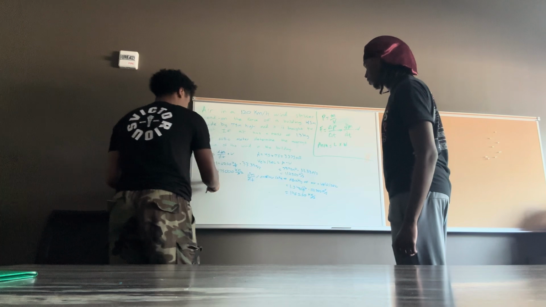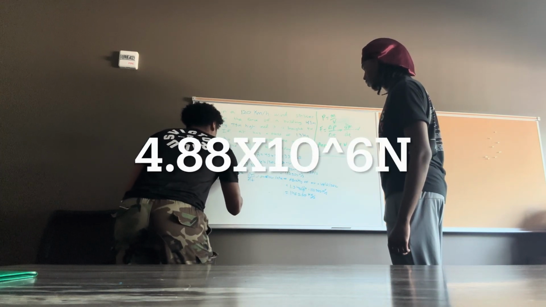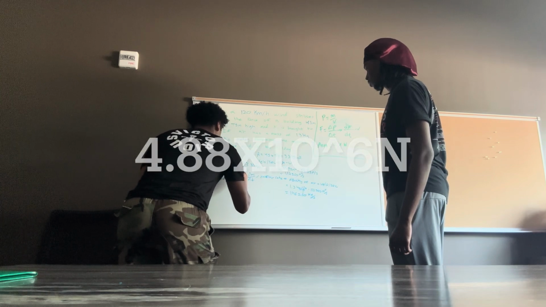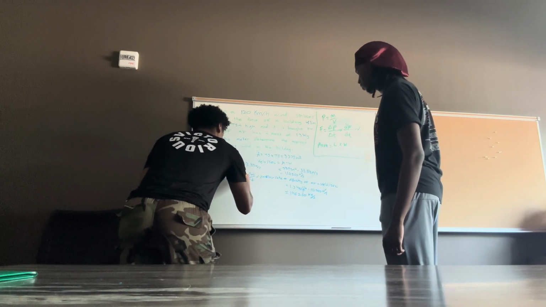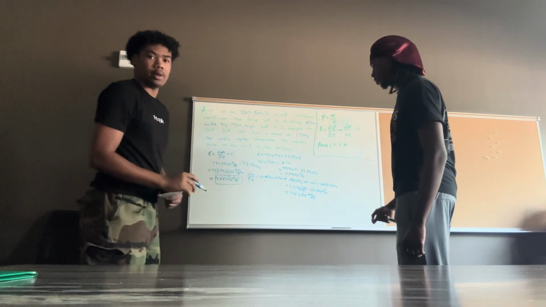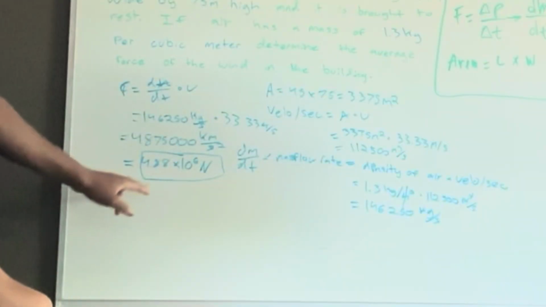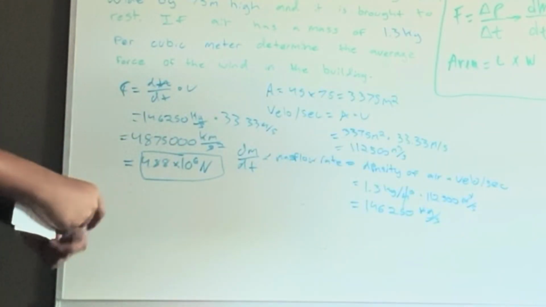I'm going to put it in scientific notation down here, and that is our answer. All right, that's it. Our total from the equation is 4.88 times 10 to the 6 newtons.